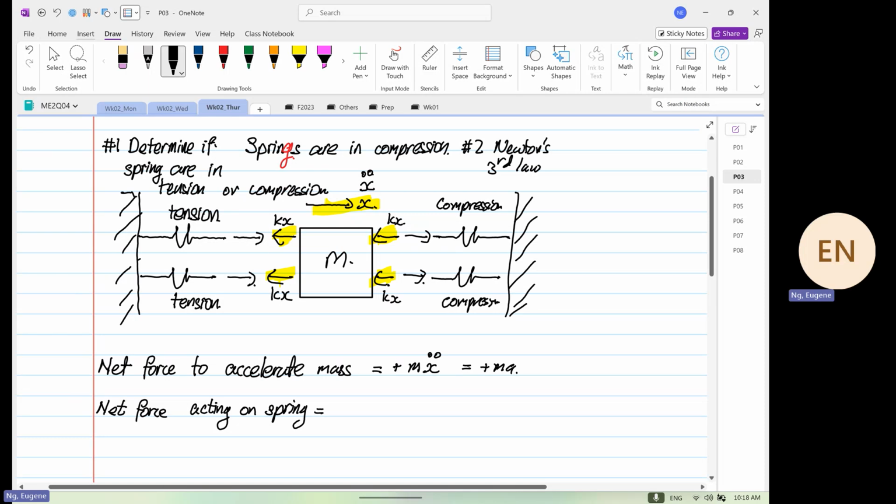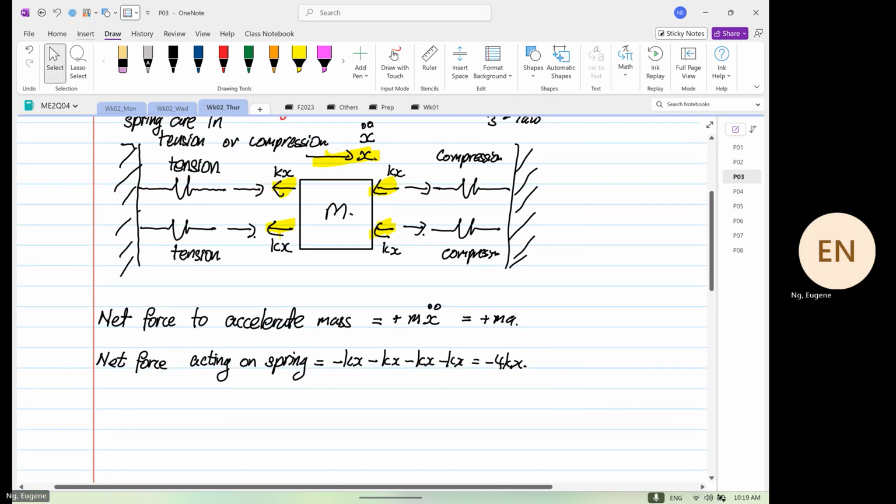There are 4 springs in parallel, so they are minus kx 1, 2, 3, 4, which is equal to minus 4 kx. Okay.